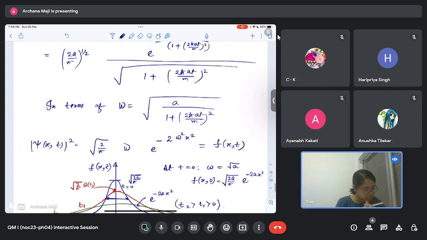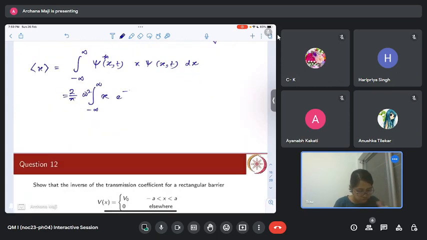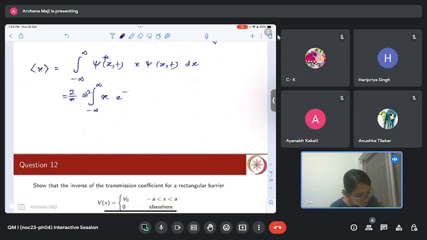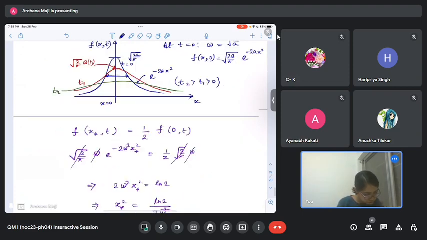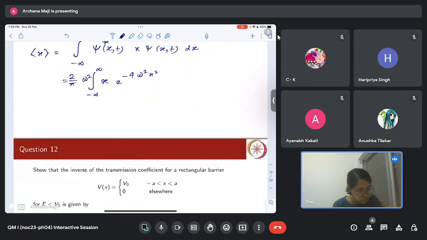Omega is real, nowhere complex. So what we get is 4 omega square x square dx. Now you can see this is an odd integration. When you evaluate an odd integration from minus infinity to infinity, it becomes 0.